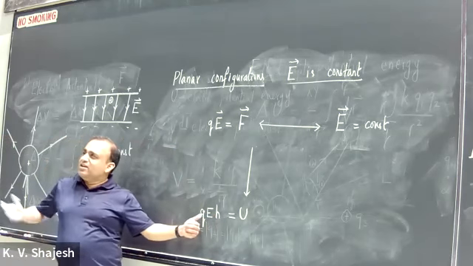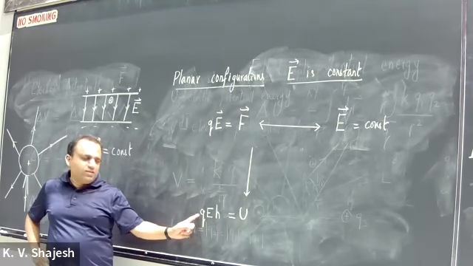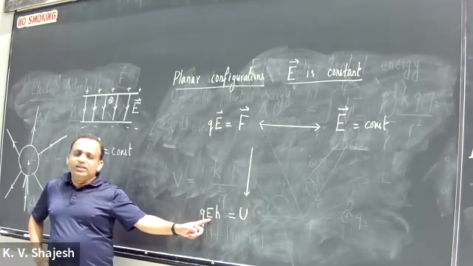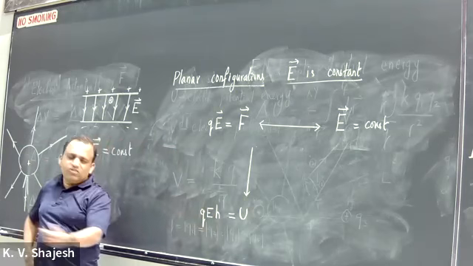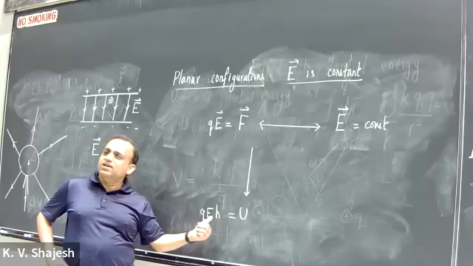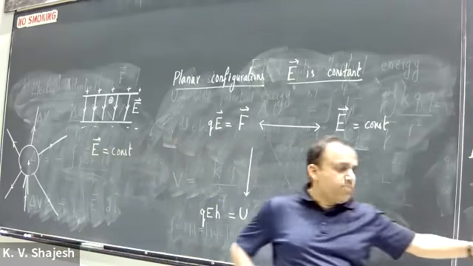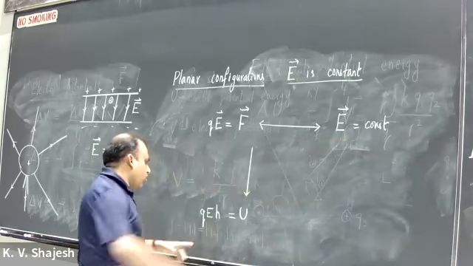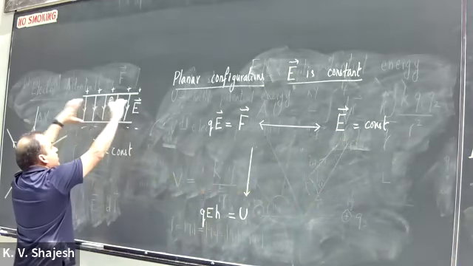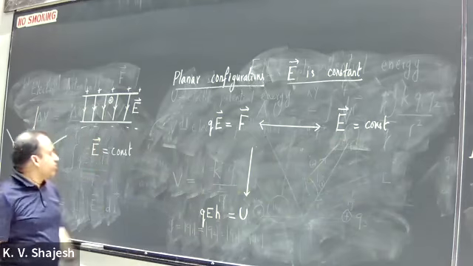In electricity and gravity, replace the charge with mass, E with g, and your gravitational potential energy was mgh. Here it is QEh. So instead of having a 1 over R dependence, as in gravity, you have this close to the plate, because in the case of parallel plates, in between the parallel plates, the change in potential energy is this.